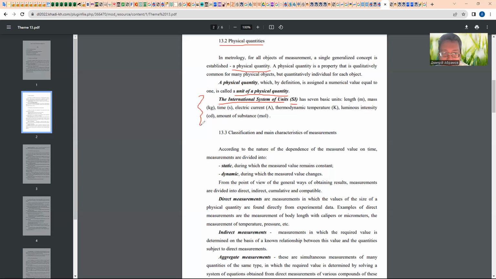Write down in your notes the 7 basic units of the International System of Units.